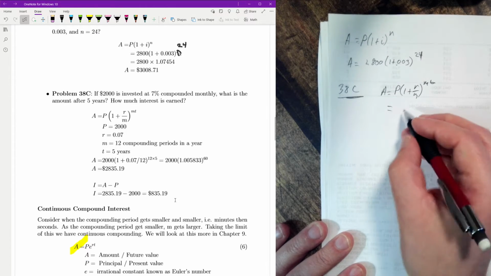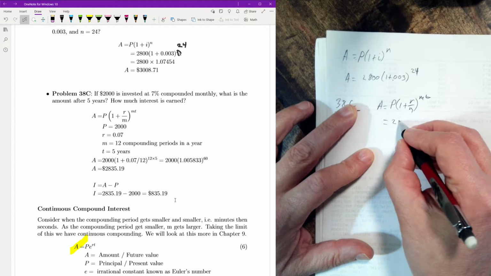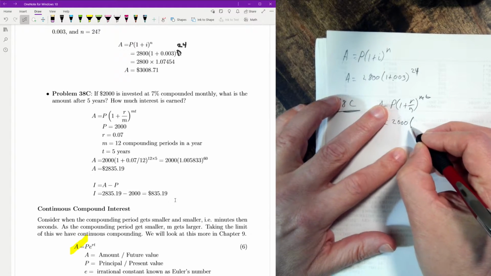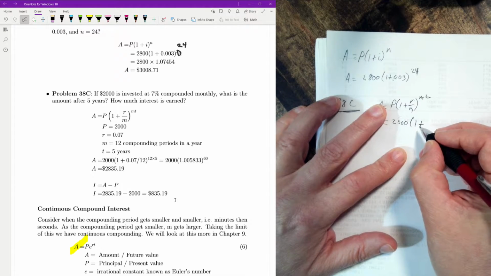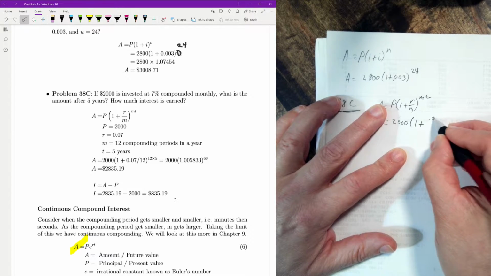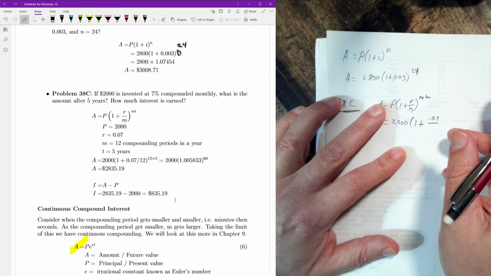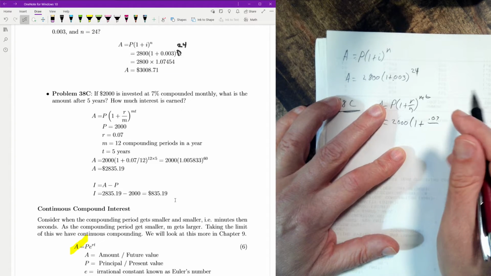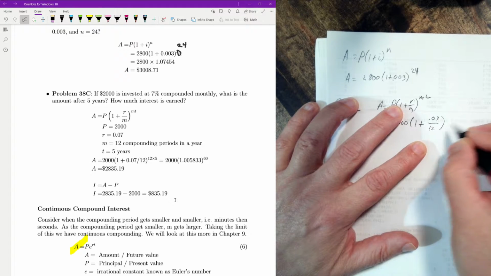So 2,000 times (1 plus r over m), where 7% is 0.07. Compounded monthly, there are 12 months in a year, so m is 12, and for how many years?